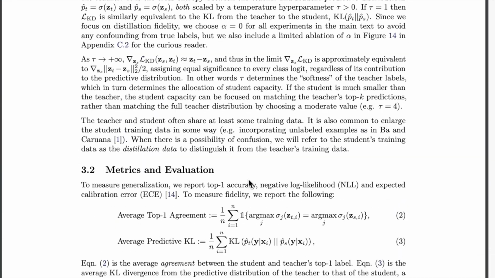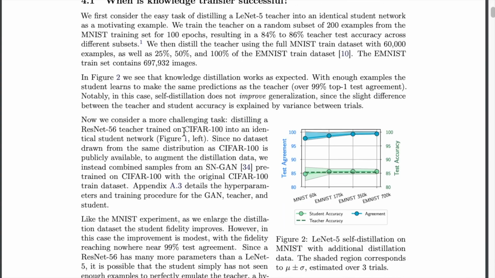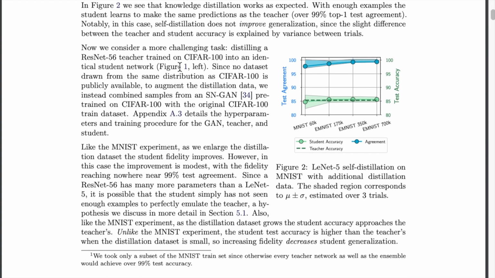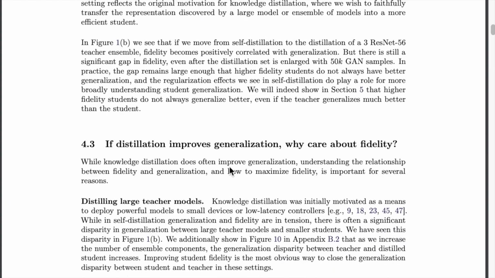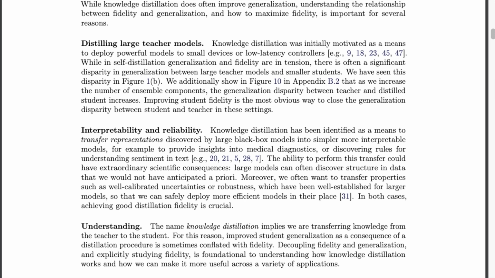So they have these different control experiments with the MNIST dataset and then the CIFAR10, and using GAN sample data for probing into this idea of distillation and fidelity, which is how they term this idea of matching the student and teacher labels.